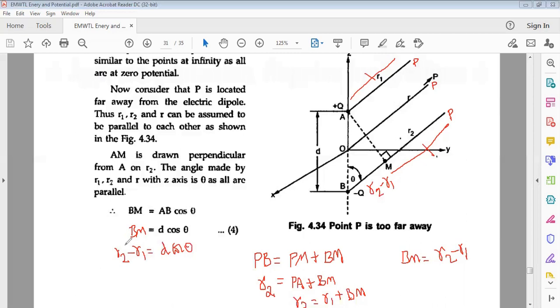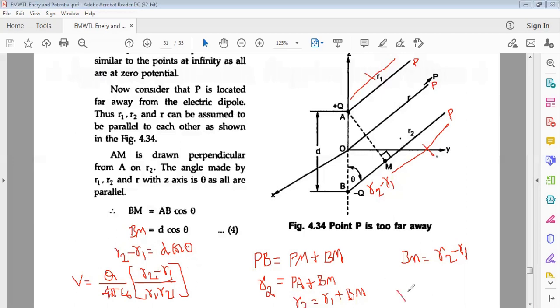What is the total voltage we got? V is equal to Q by 4 pi epsilon naught, whole multiplied with R2 minus R1 by R1 R2. This is the formula we got when the point P is considered at the distances R1 and R2. So R2 minus R1 is d cos theta.